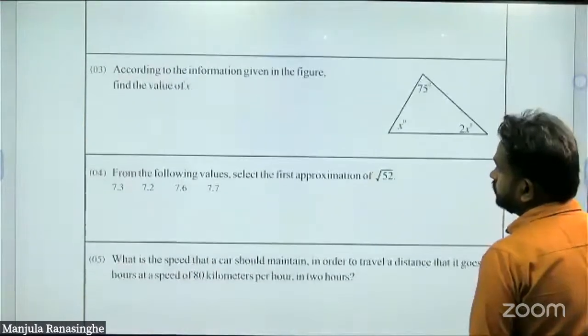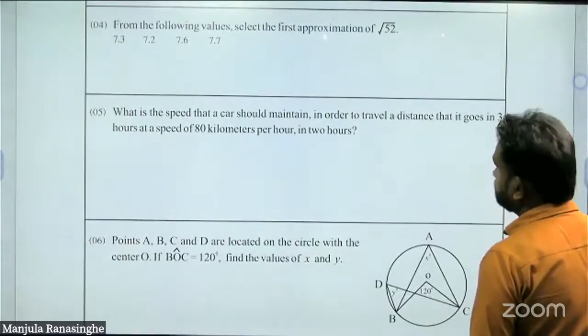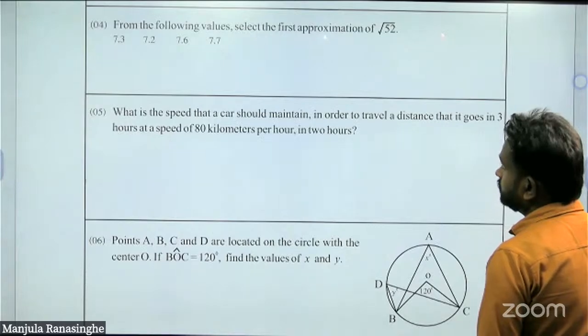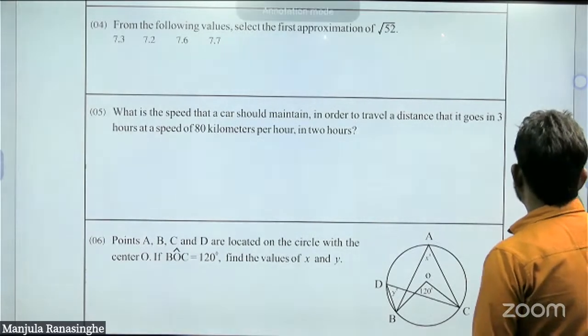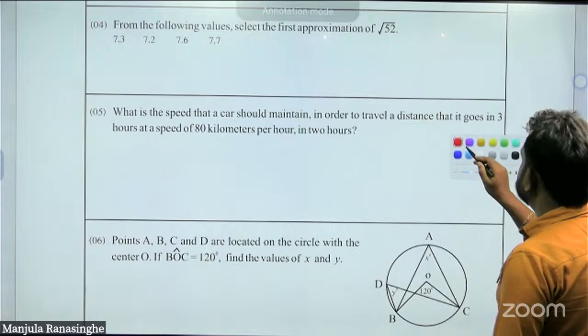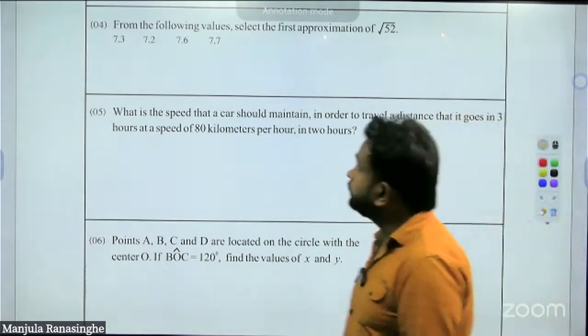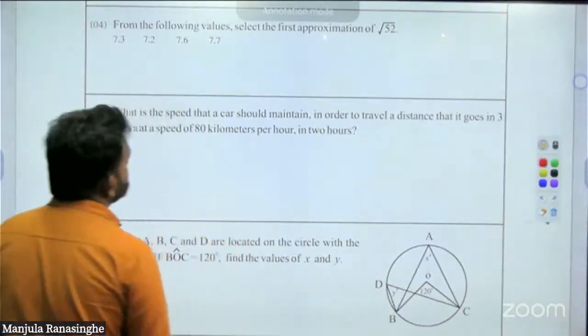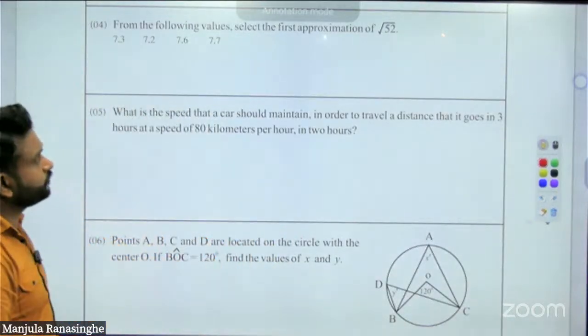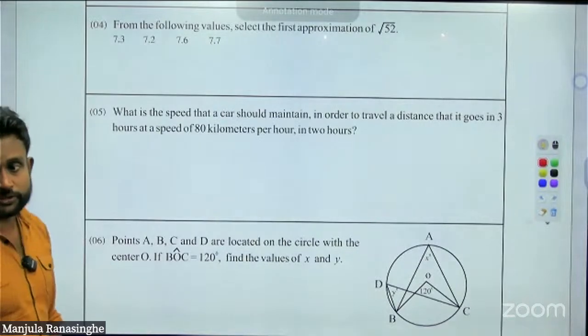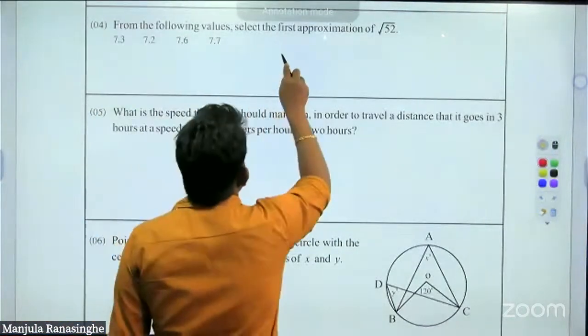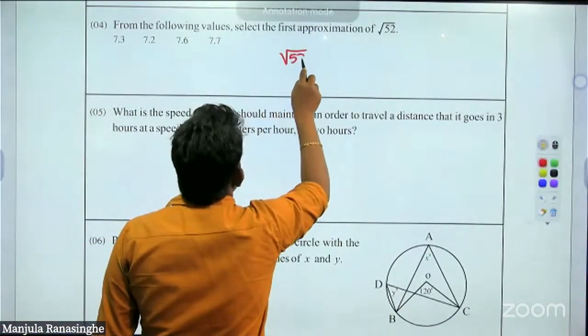Then we are moving to questions 4, 5, 6. From the following values, select the first approximation of the square root of 52. You know how to take the square root of 52.